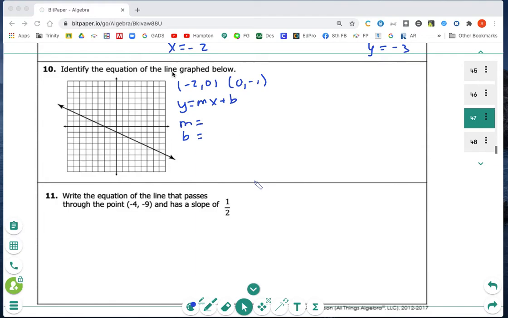Now I'm going to find my slope, so I'm going to do m equals y2 minus y1 over x2 minus x1. M equals negative 1 minus 0 over negative 2 minus 0.